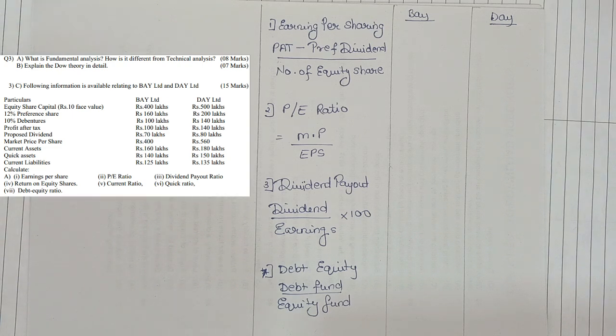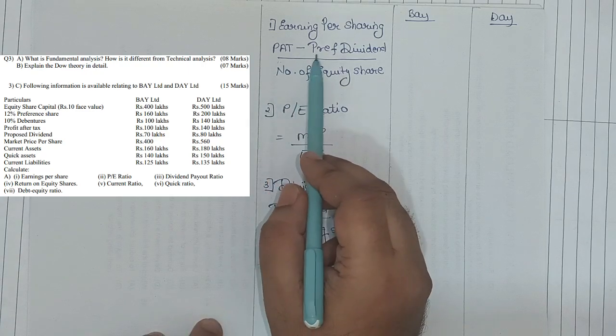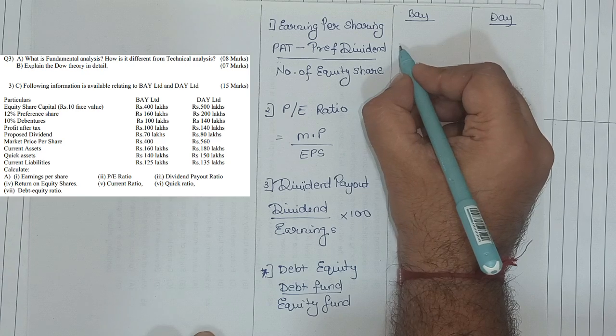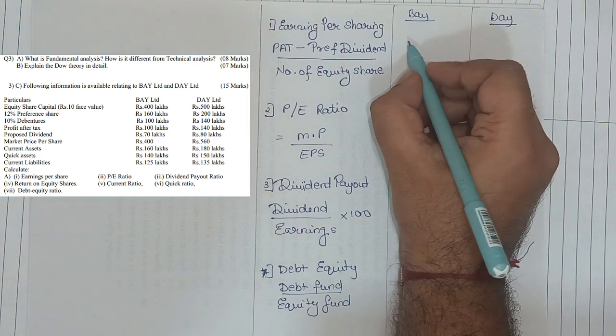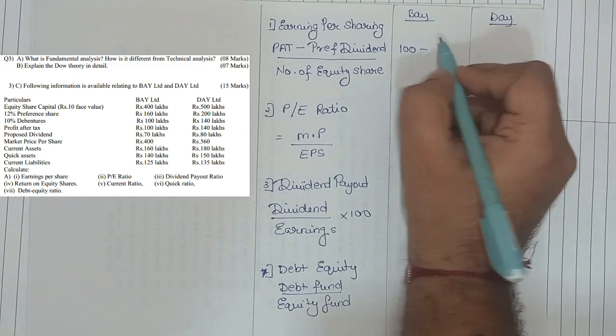The first ratio they've asked us to find is earning per share. So I've written the formula here. Earning per share is equal to profit after tax minus preference dividend, divided by the number of equity shares. Now, for Bay Limited, profit after tax is 100 lakhs. So I'm writing 100 minus preference dividend.